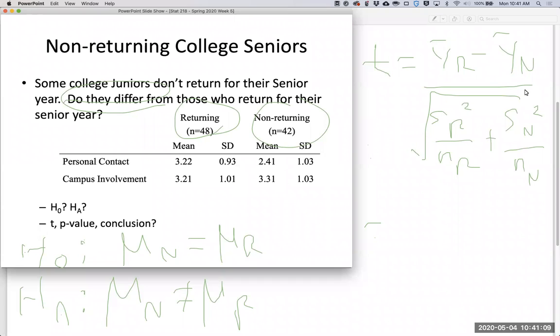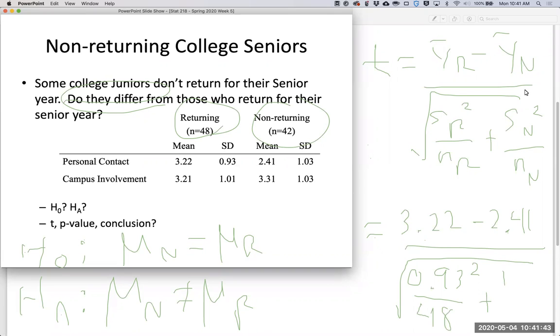And that is, once I plug some numbers in, 3.22 minus 2.41 over then the root of, in this case, 0.93 squared over then 48, I apologize, 48, plus then 1.03 squared over then the 42.